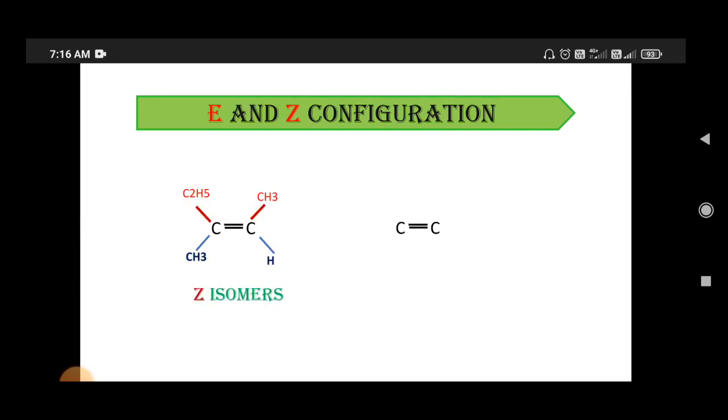Take another example. Here, this carbon contains bromine and chlorine as substituents. We know that the atomic weight of bromine is 54 and chlorine is 35. So this is the high molecular weight substituent, this is the low. In the other carbon, on one side an amino group is present, on the other side a hydroxy group is present. The molecular weight of the amino group is 17, and the hydroxy group is also 17.